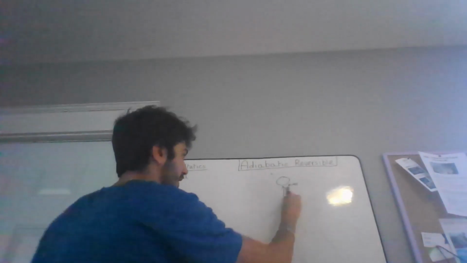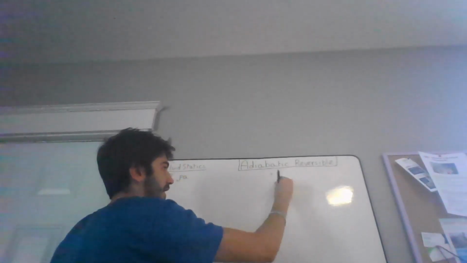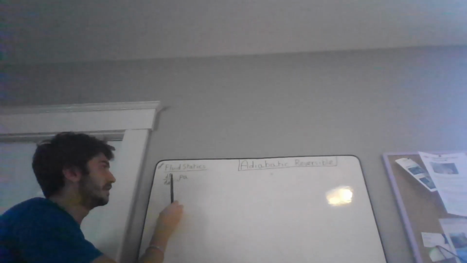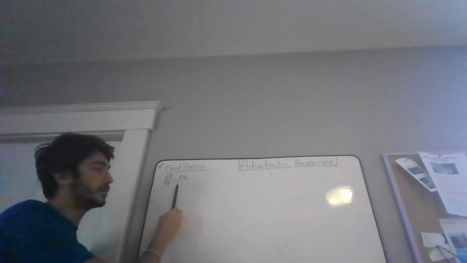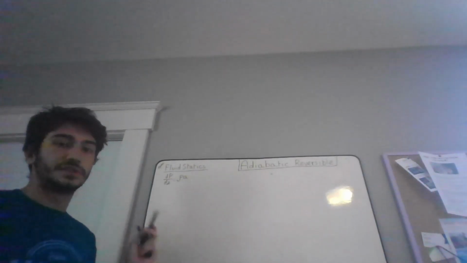Over here I have the generic fluid statics equation, which simply states that the change in pressure with respect to the change in altitude z is simply equal to the density of the fluid multiplied by the acceleration. We can use this further, as in a generic sense we're using gravity for our acceleration.